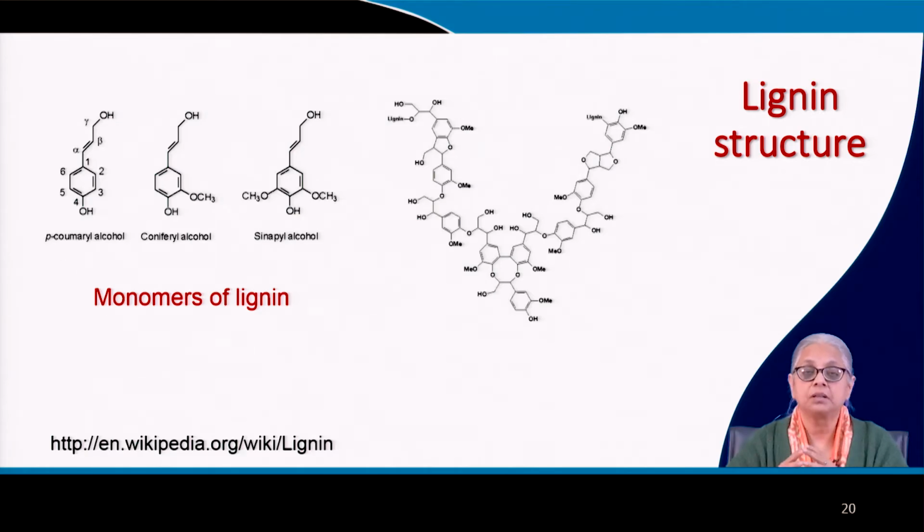So lignin is one of the most difficult to biodegrade compounds in nature. The monomers are alcohols, so you can see these aromatic alcohols, and the coniferyl alcohol is what gives pine and all of these coniferous plants their peculiar smell.